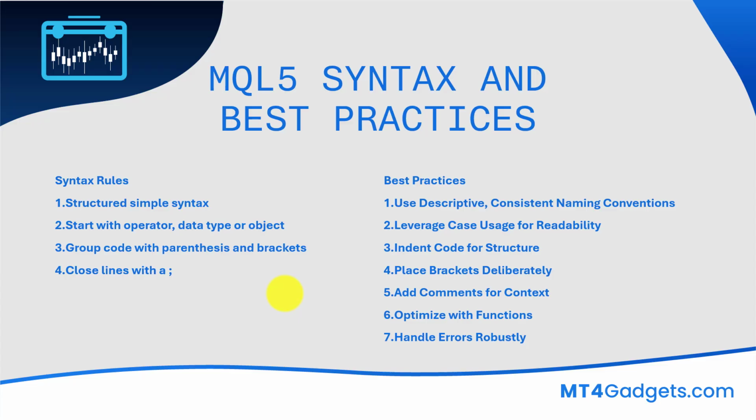Lastly, handle errors robustly. Error handling is one of the most important things in coding and programming, especially when your program is handling your money. If you think about a trading robot, an expert advisor that is trading your money, opening and closing orders, you need to make sure that the code is running as you expect.